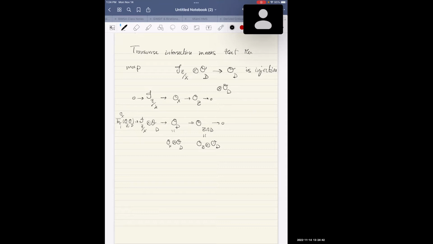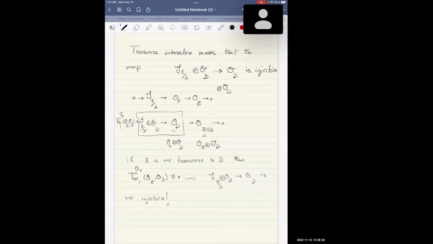You see, if Z is not transverse to D, then this Tor of OZ and OD will be non-zero, which then means that the map from the ideal of Z tensor O of D to O of D, you see this map over here? This is not injective.